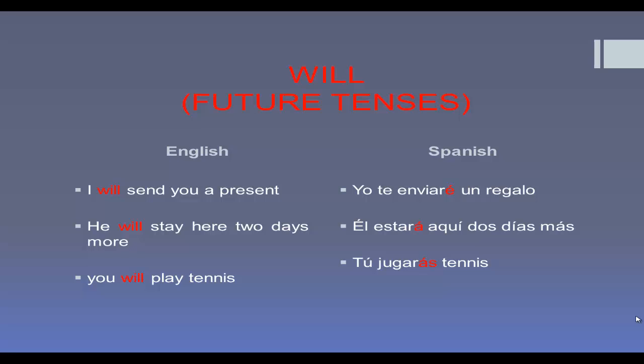But in English we use will to create a future tense. I will send you a present, he will stay here 2 days more, you will play tennis. You can see that in Spanish we modified the last letters of a verb to create a future tense.